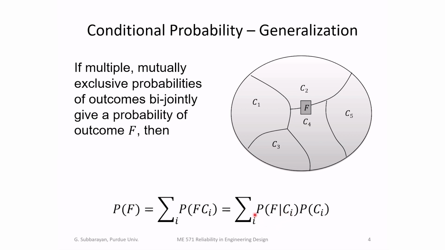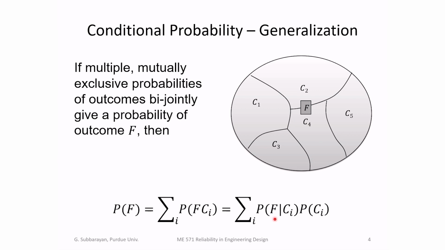What this basically says is that there are many causes Ci, and that can lead potentially to failure. What we want in practice is the probability that failure occurred by a specific cause. So in reality, what we would seek is the probability of Ci given F. In other words, given that a failure event has occurred, we would want to know what is the probability that it occurred due to cause 1.